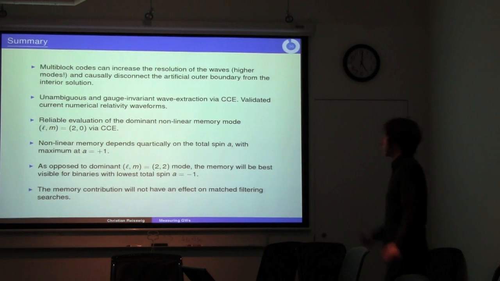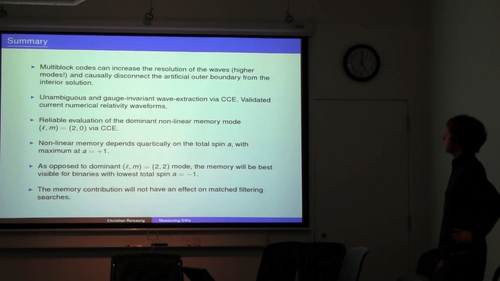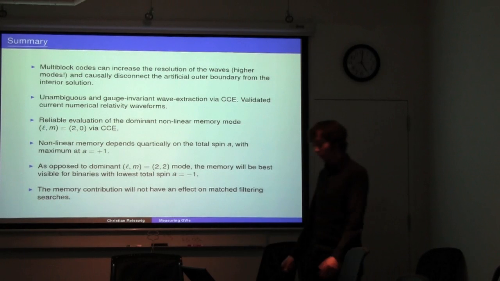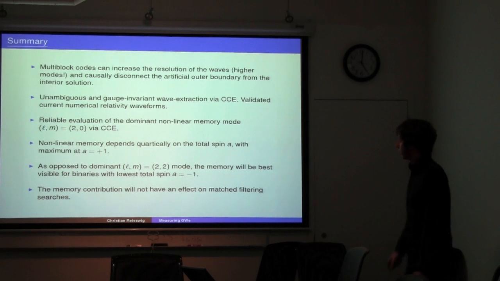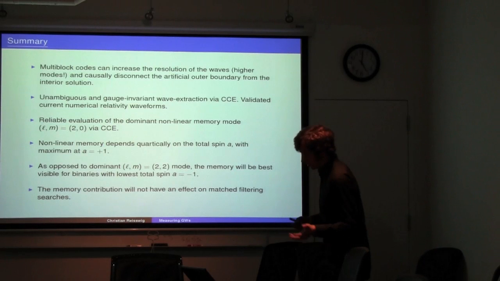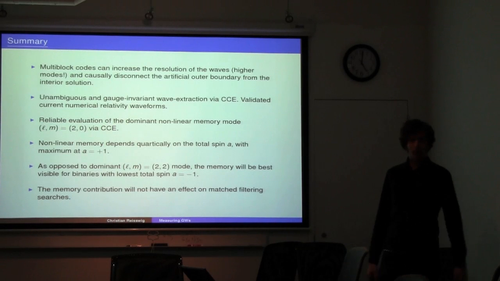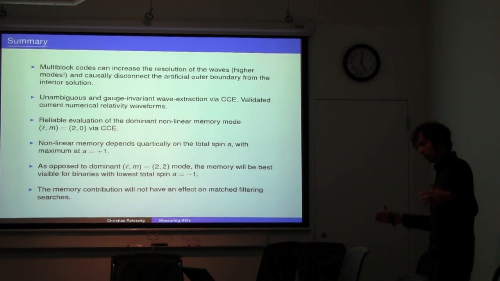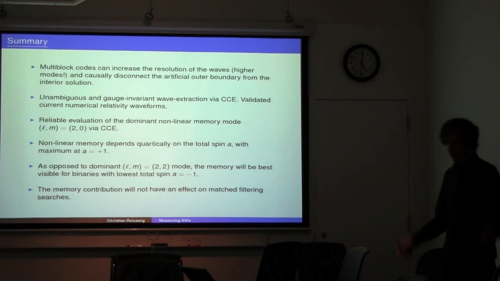All right, to summarize everything, I've talked about multiple codes which can give you improved resolution for the waves, and which allow one to extract higher modes, and also modes that are causally disconnected from the artificial outer boundary. Essentially for CCE that is important because you want to eliminate this influence as well.